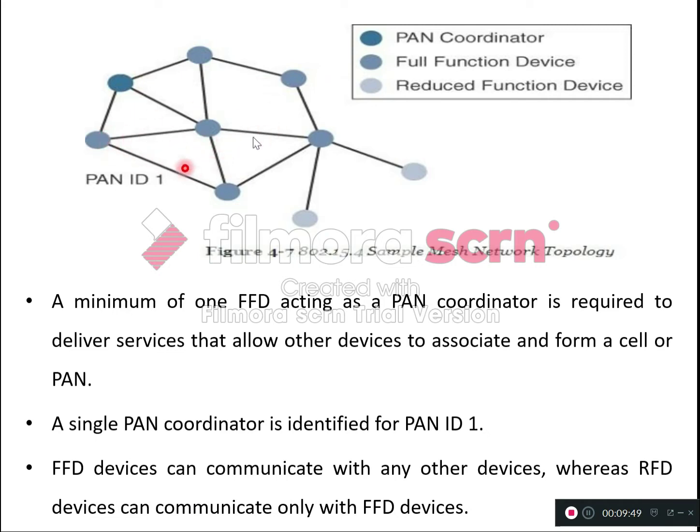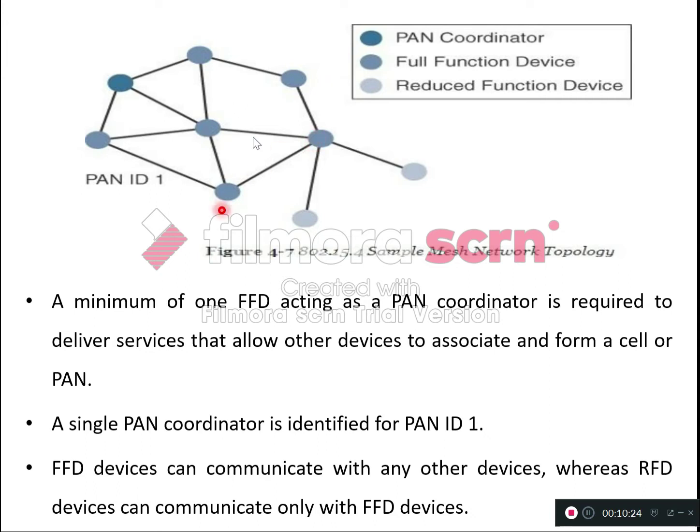Then these are all devices existing in the mesh network are full function devices, and these two are the reduced function devices. We have seen in the previous class that a full function device has the privilege to communicate with other full function devices and also with the reduced function devices, but a reduced function device cannot communicate with any other reduced function device, but can only communicate with a full function device.